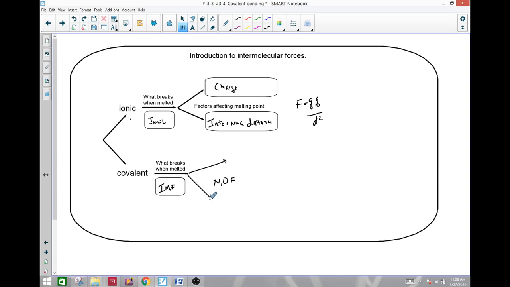And you could say to yourself, okay, do I have one of these? Yes or no? If the answer is no, well, then we likely will be nonpolar. Okay? If the answer is yes, now we got to look at shape.